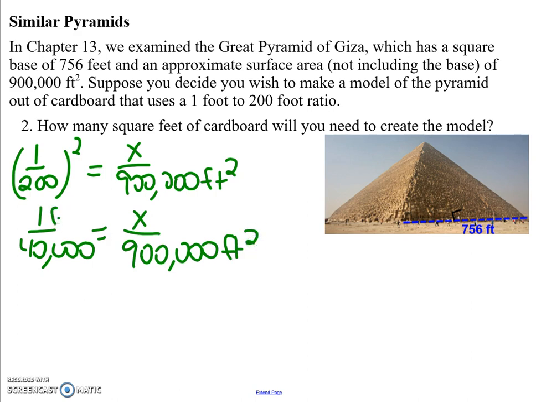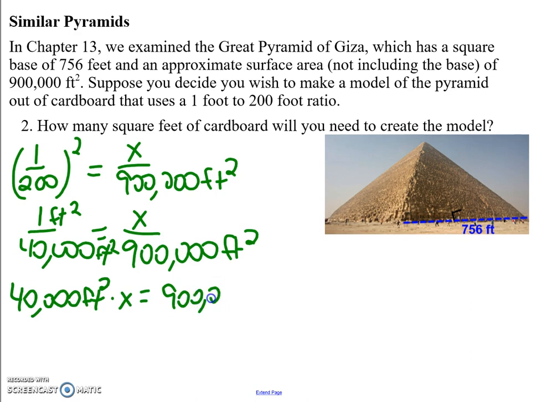If I think about it, this is technically square feet, and this is square feet. So I get 40,000 square feet times x equals 900,000, and this would be feet to the fourth.